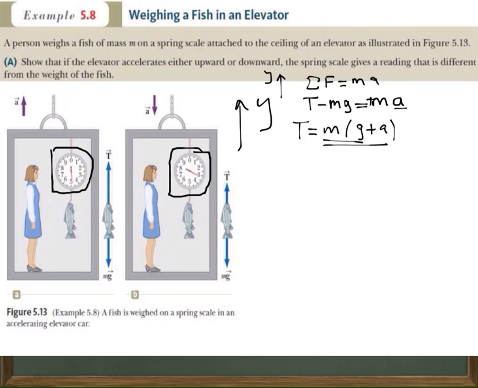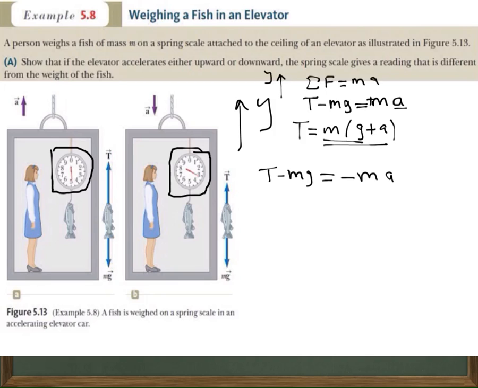So think about the second situation. Again, T is positive because it is in the upward direction, and mg is negative: T minus mg. But this time the acceleration is downward, so I will take minus m times a.